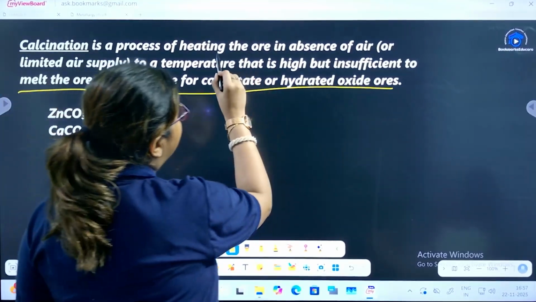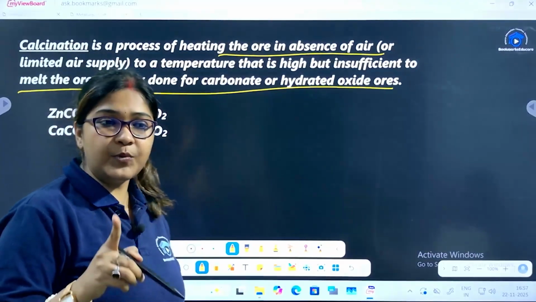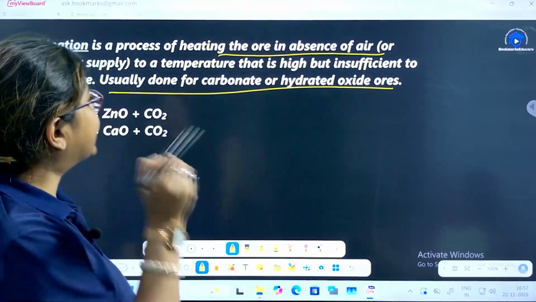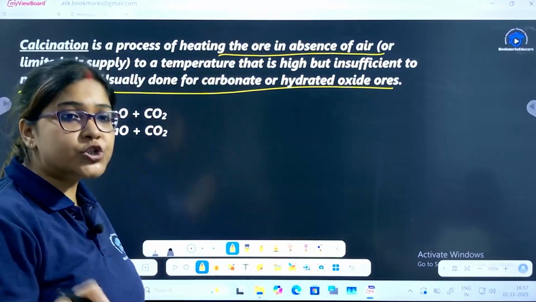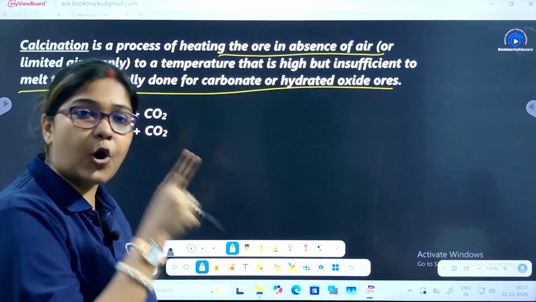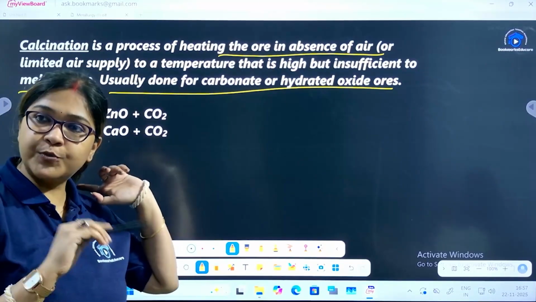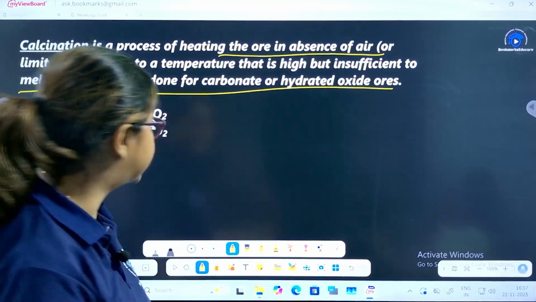So you see here the difference between roasting and calcination. Roasting is done at high temperature but in excess of air, but calcination is done at high temperature but usually in absence of air or a limited supply of air. Roasting is usually for sulfide ores, and calcination is for carbonate or hydrated oxide ores.